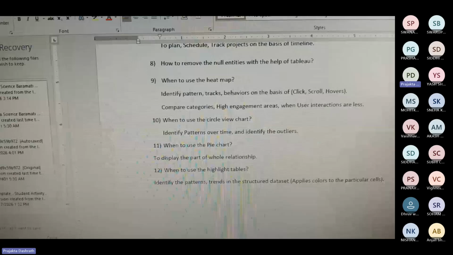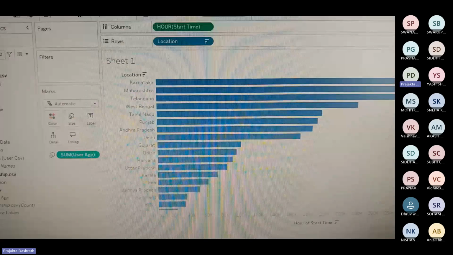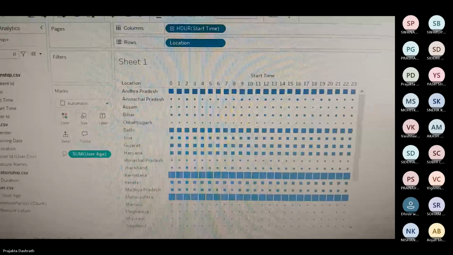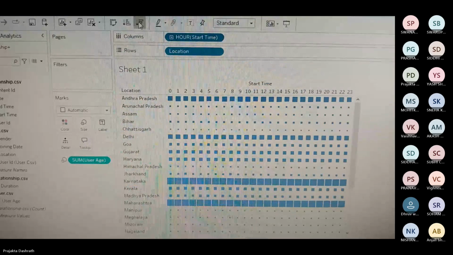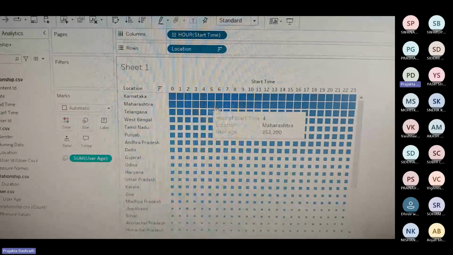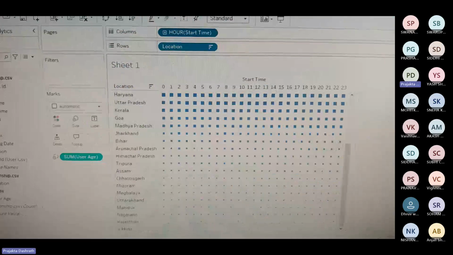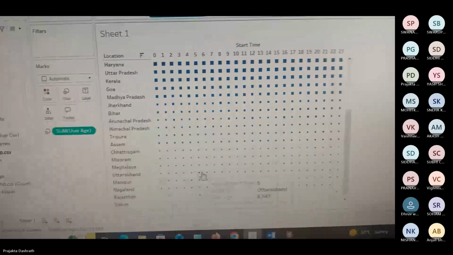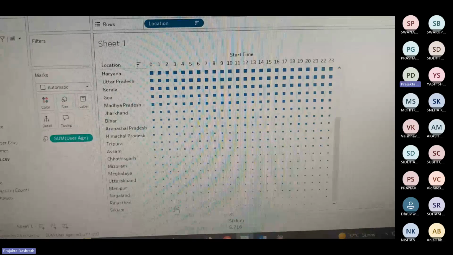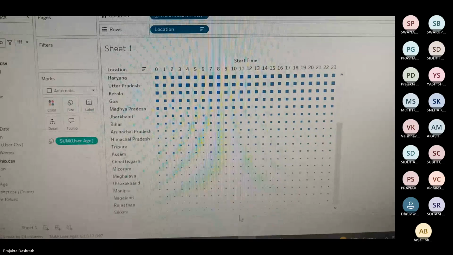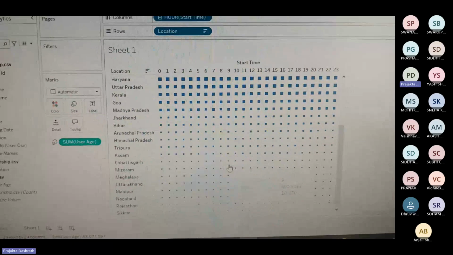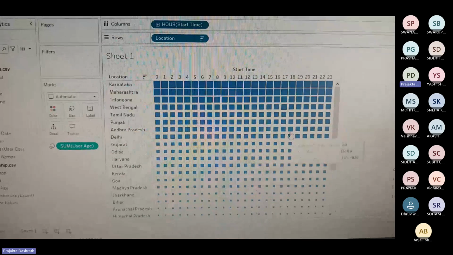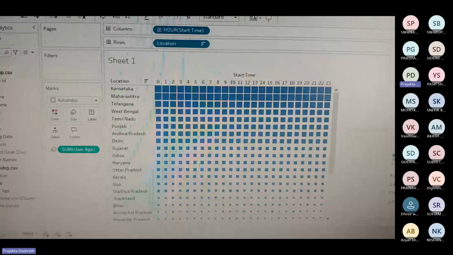Now let us go to the heat map once again. This is the high. Okay. This is the lowest. Okay. And categories, different patterns, different categories can be identified with the help of heat map.